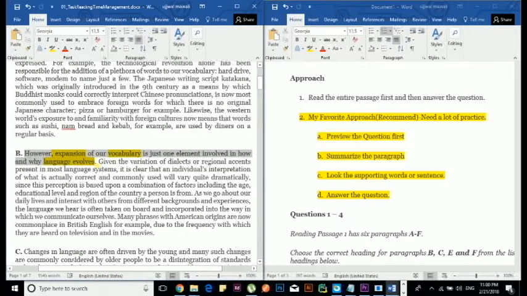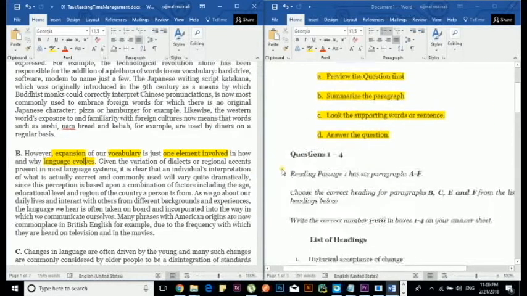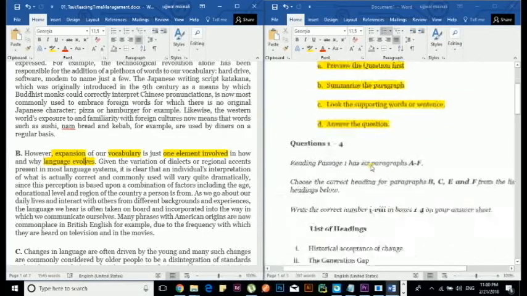What this first sentence is talking about is that the expansion of vocabulary is just one element involved in the evolution of a language. It means there are possible other factors affecting language evolution, and vocabulary is just one of the several factors that affect it.